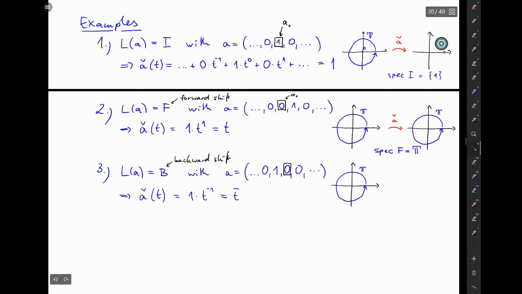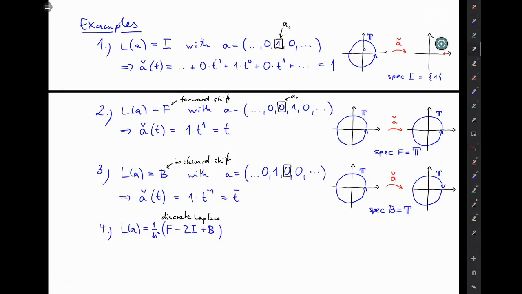And now while t is running around the unit circle, its complex conjugate is also running around the unit circle, but in the other direction. Well, still, the spectrum is the unit circle, which is the image of this function, the set of all outputs. In particular, also the backward shift is invertible. The spectrum doesn't contain 0, or this curve doesn't cross the origin.